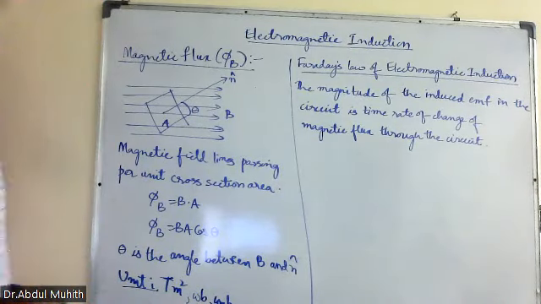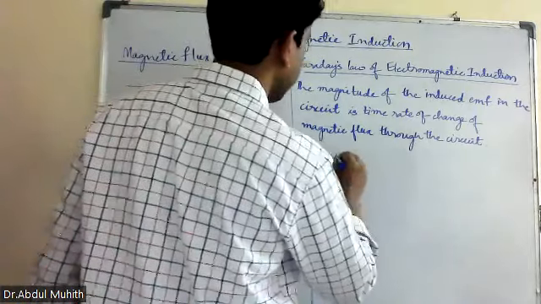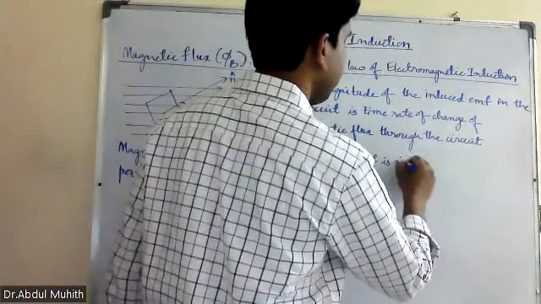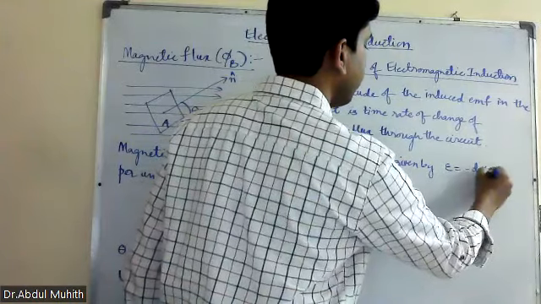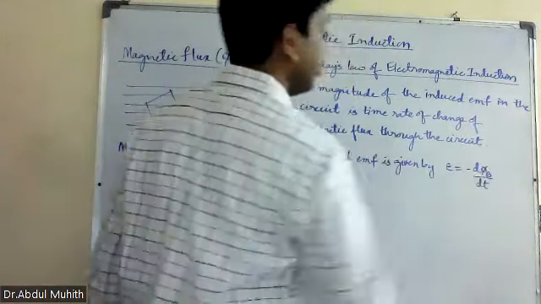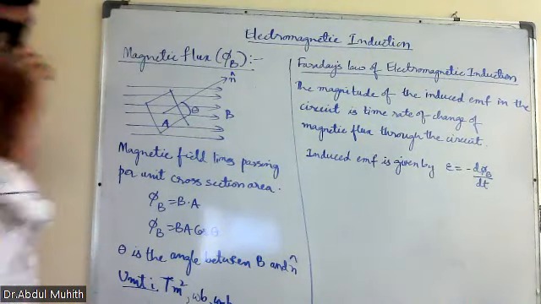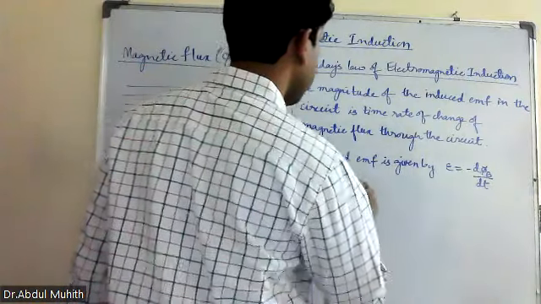Now induced EMF is given by what here? So induced EMF is given by E is equal to minus d phi b by dt. Negative sign indicates the direction of induced EMF.